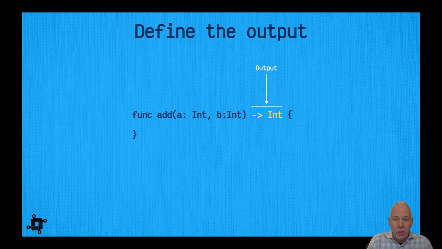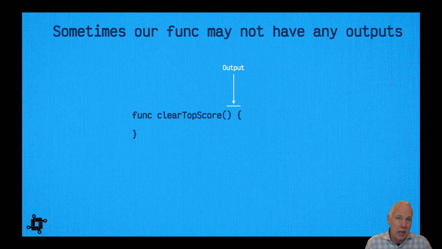Now, just like the inputs, the outputs don't necessarily have to be there. It is possible to have a function that takes in inputs but doesn't return any output, or vice versa, or in this case, it doesn't take any inputs or produce any outputs. But that doesn't mean it doesn't do something in your program.